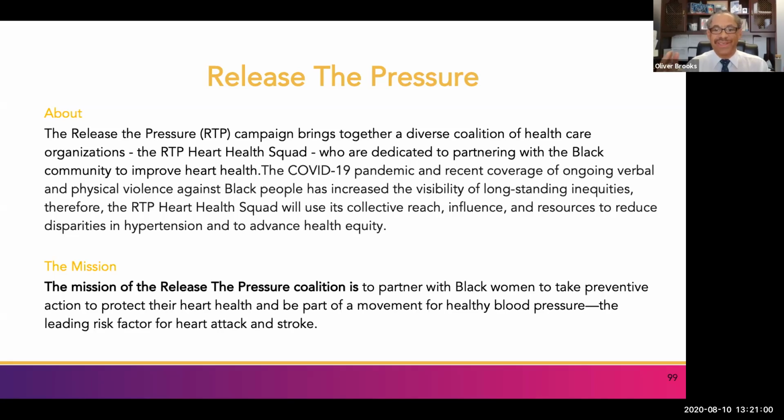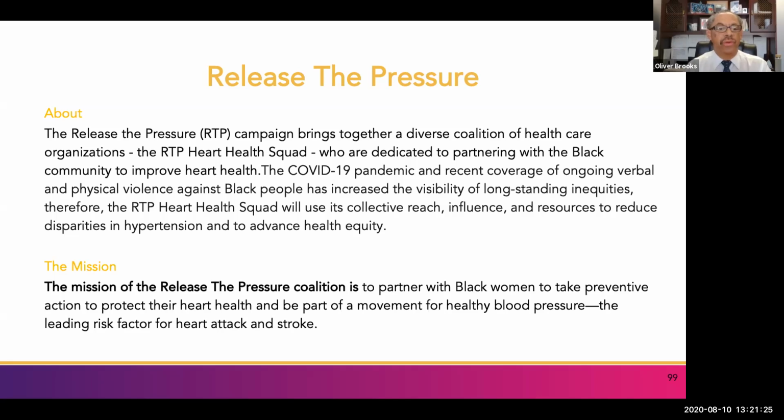With COVID-19 and with the police brutality on March 25th with George Floyd, that kind of threw a lot of our things off. We had this focus, but then with COVID-19 and hypertension being one of the noted underlying conditions that could lead to more adverse outcomes, it was just prescient at the same time that we were doing this.